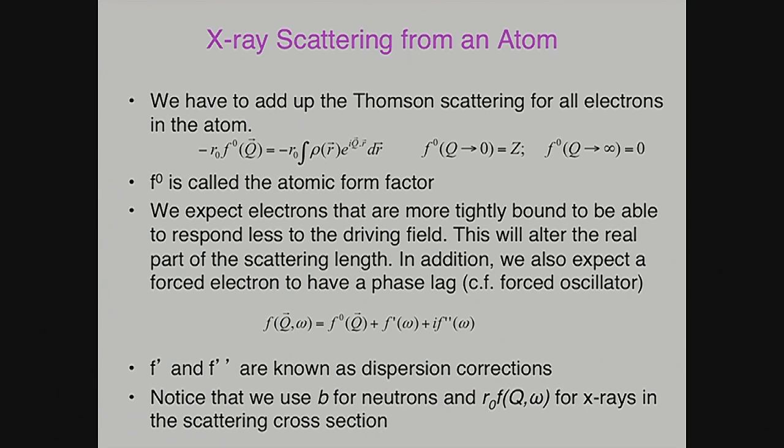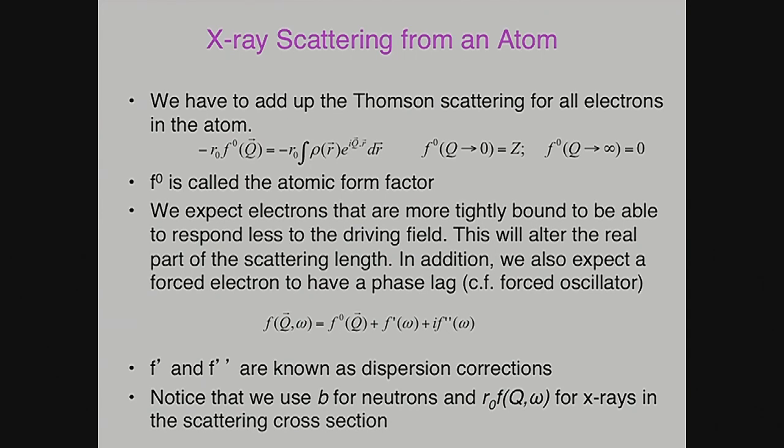In the case of neutrons, the nucleus really is a point as far as the neutron is concerned. So the Fourier transform of a point is a constant. In the case of X-rays, you have a distribution of electrons, so the Fourier transform of that is a distribution in Q space.